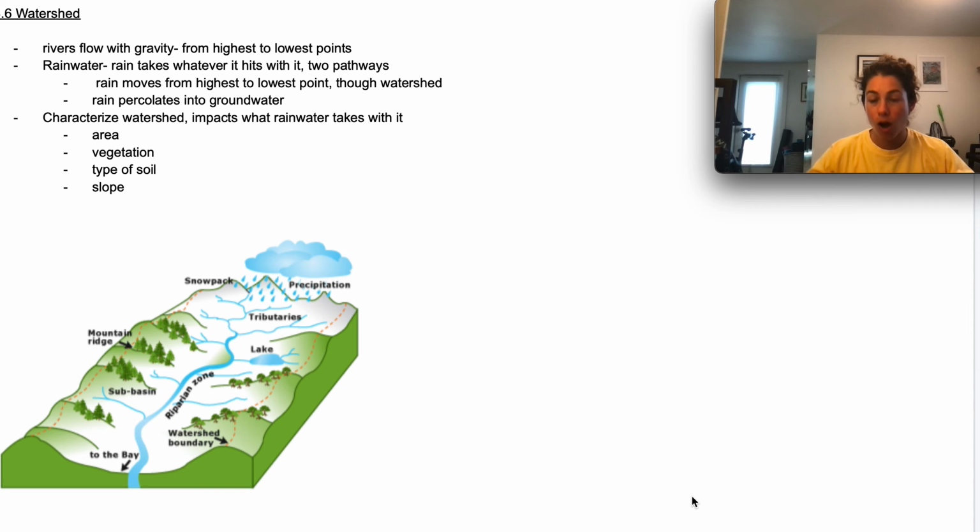It can move through the watershed on top of the ground, but also it can percolate into the ground, restoring our aquifer and our groundwater. We can characterize a watershed by how big it is, what plants are there, the type of soil, and the slope. If we think about a watershed off the Great Divide in Colorado, and compare that to our watershed here in the Everglades, where it's very flat, we can compare all of these things.